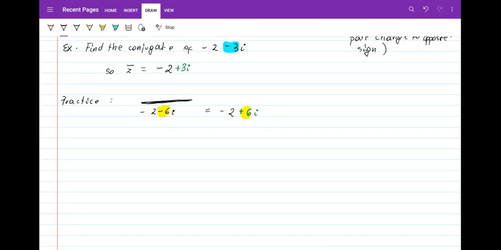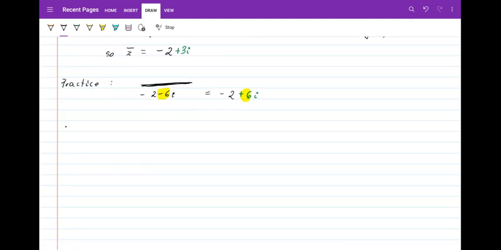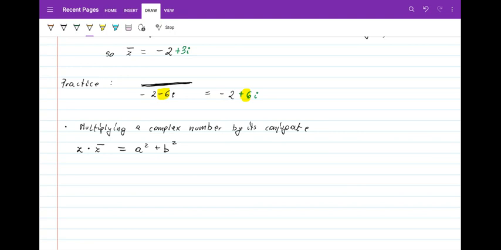Now one formula which is very useful is multiplying a complex number by its conjugate. Technically z times its conjugate, the formula is a squared plus b squared. You can use this formula when you have a complex number multiplied by its conjugate.